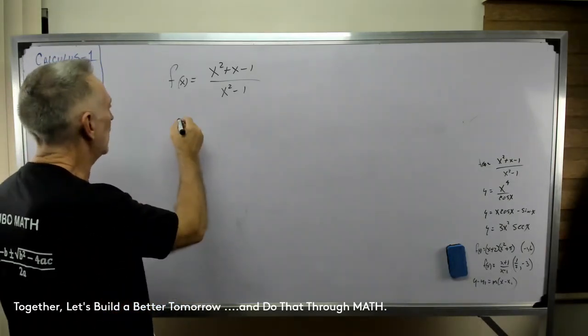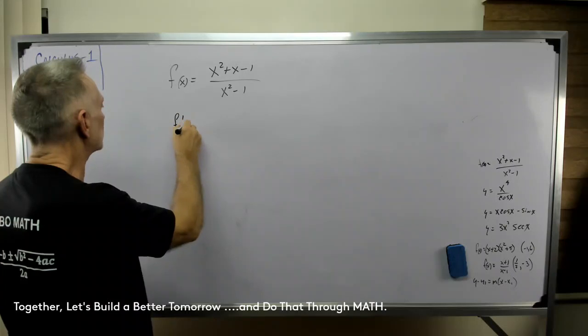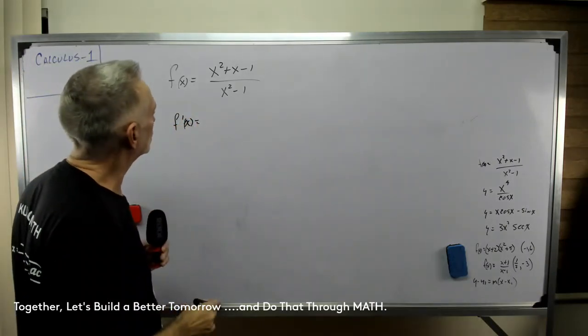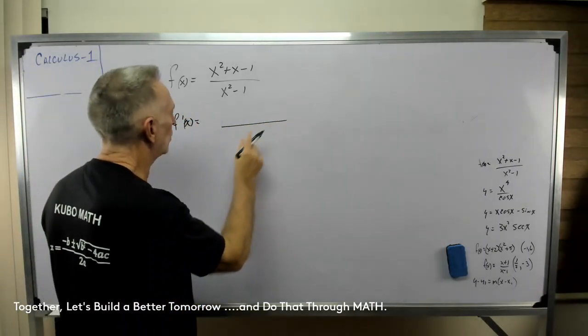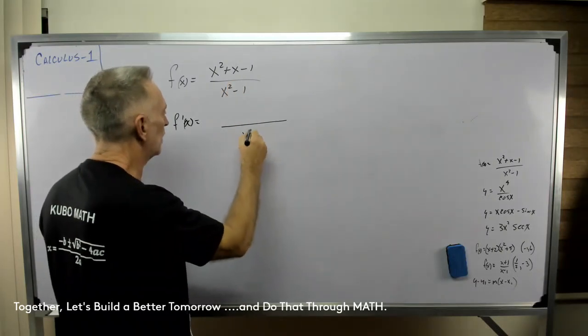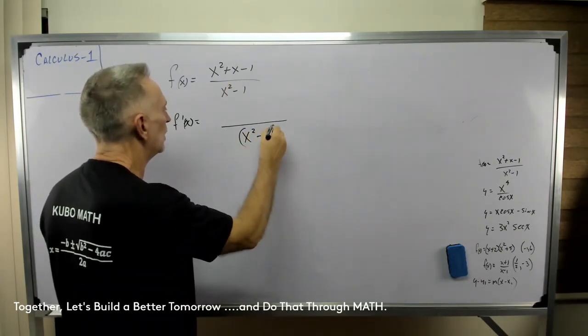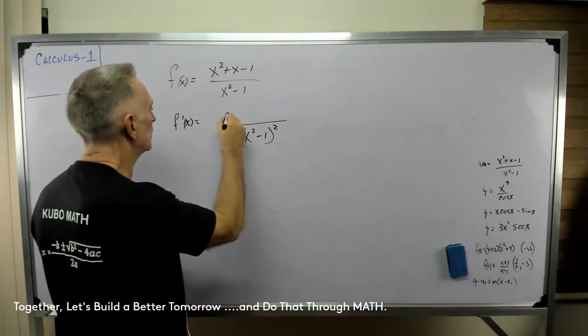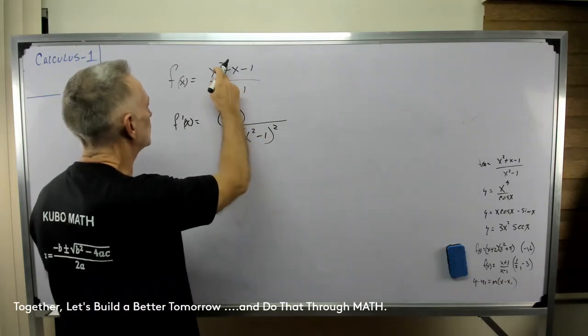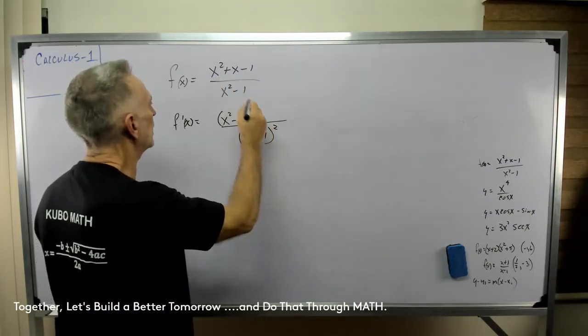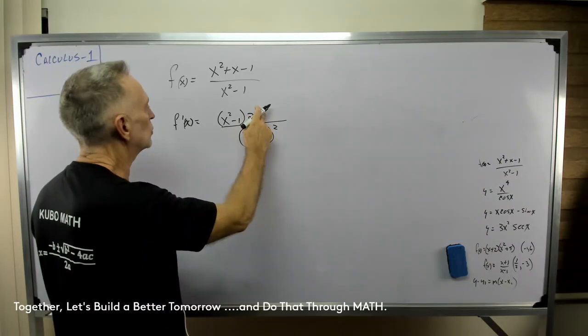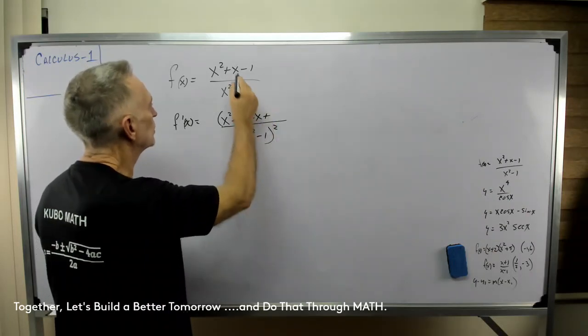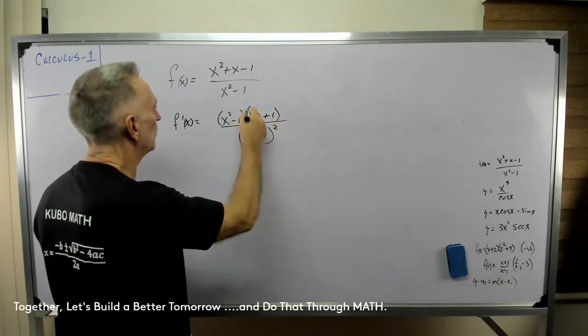All right, so now f prime of x equals, you recall, we have the bottom one squared. Okay, so now it will be the bottom function times the derivative of the top, which is, bring the 2 down, 2x, plus derivative of x is 1.